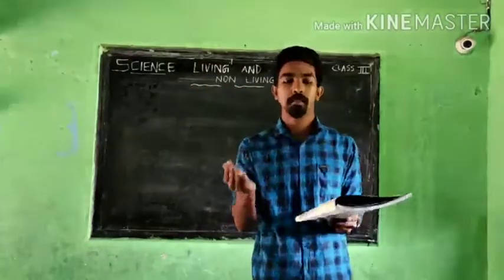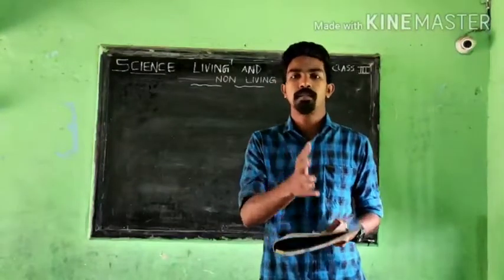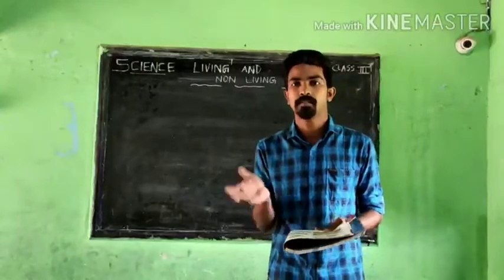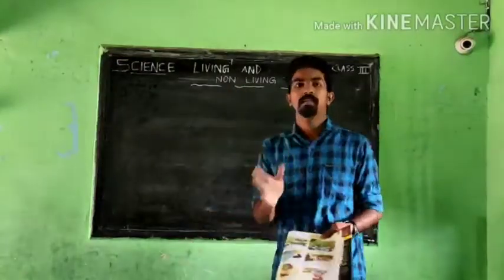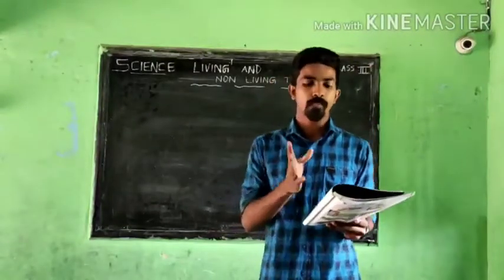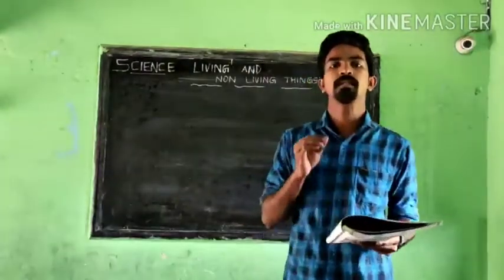But at the same time, look at Mohit's car. He kept his car in the shelf every day, and look, the car is not growing in size. So that is the next difference between living and non-living things: a living thing grows in size, a non-living thing cannot grow bigger and bigger.